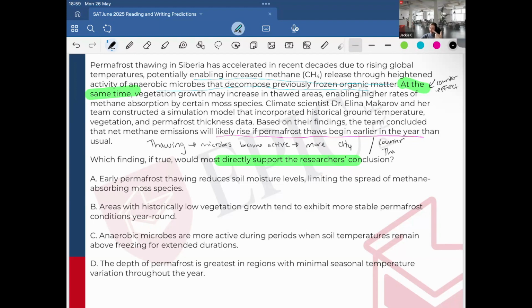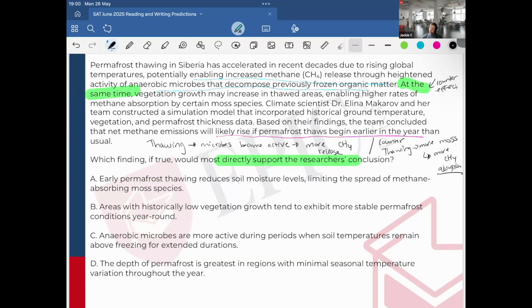The thawing also leads to more moss. And then this also results in more methane absorption. So this is about absorption and this one is about release.